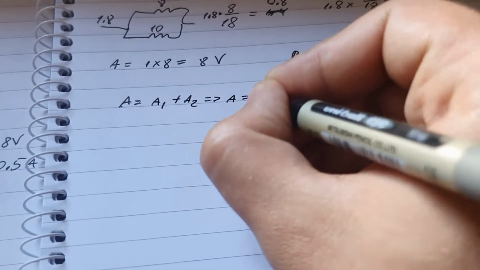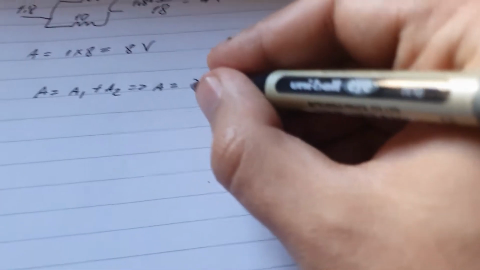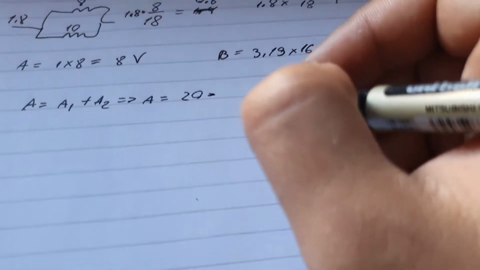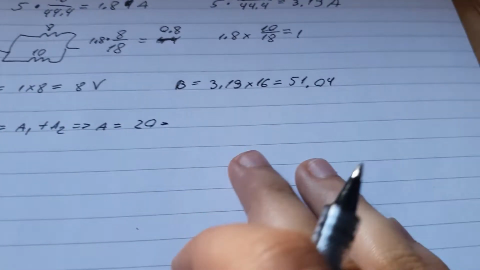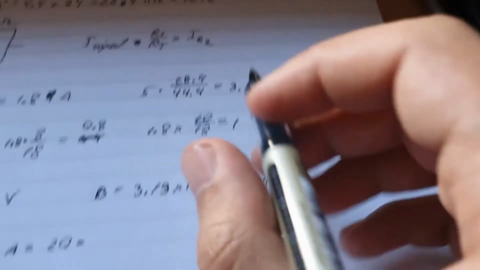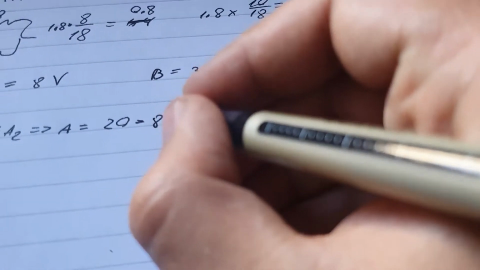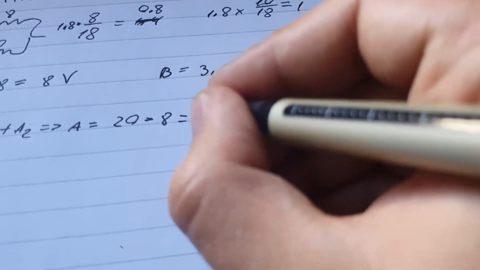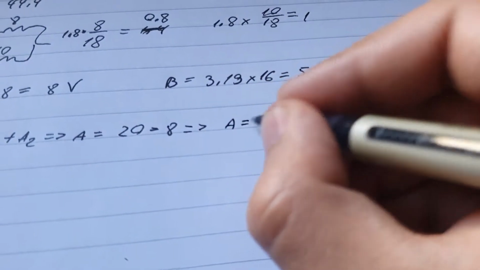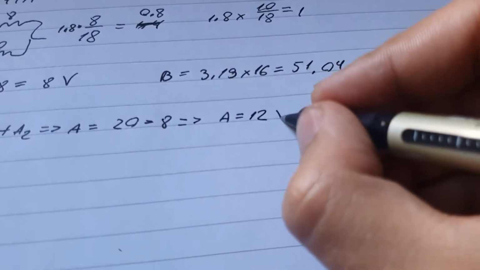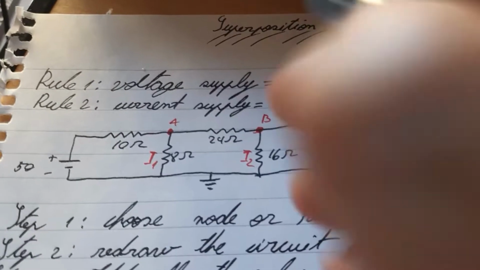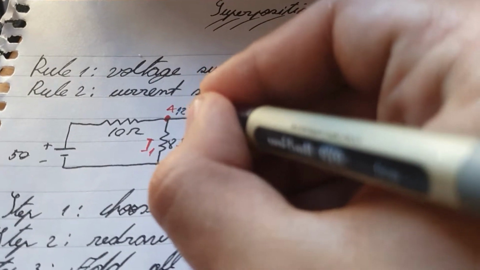Therefore, A is equal to A1, which is 20, minus this one here, which is 8. And therefore, A is equal to 12 volts. So the value A in here is 12 volts.